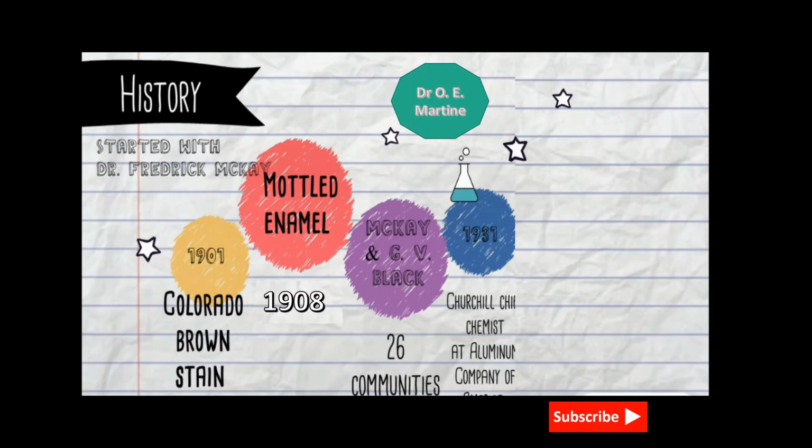In 1931, Churchill H.W., a chief chemist of an aluminum company, analyzed the water of Bauxite and found the fluoride level of water was 13.7 ppm. Churchill asked Mackay to send samples of water of his community and other endemic areas showing mottled enamel. So in 1931, Mackay was rewarded by finding the relationship between the presence of fluoride in domestic water and mottled teeth.